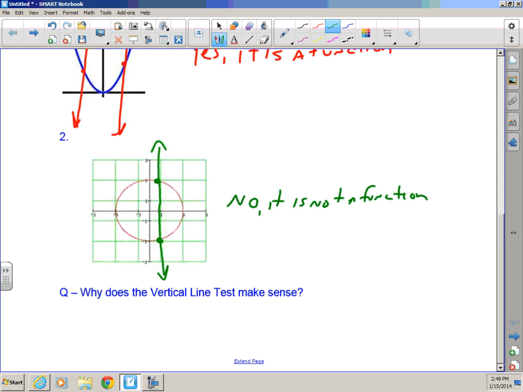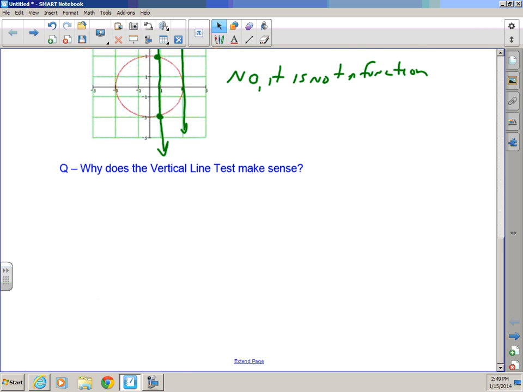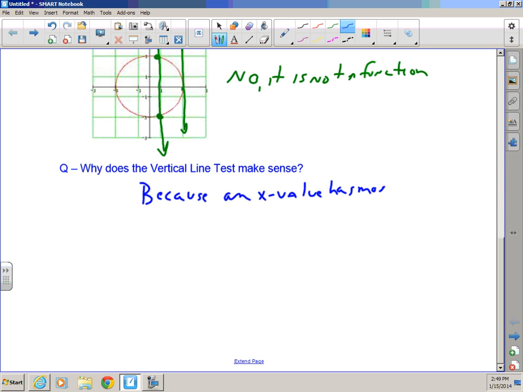Now, it doesn't matter that I can draw a vertical line that hits it in only one place. Well, that's good for that point. But when I go to the next one, once it fails once, I'm done. Now, why does this vertical line test make sense? Well, the reason is because an x value has more than one y value.